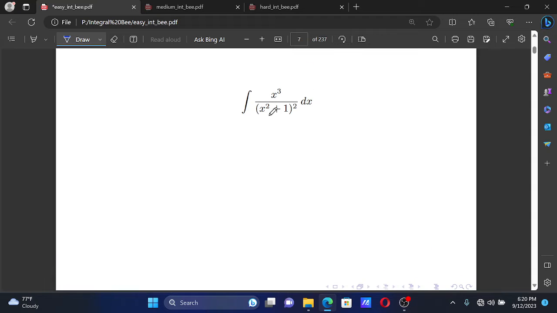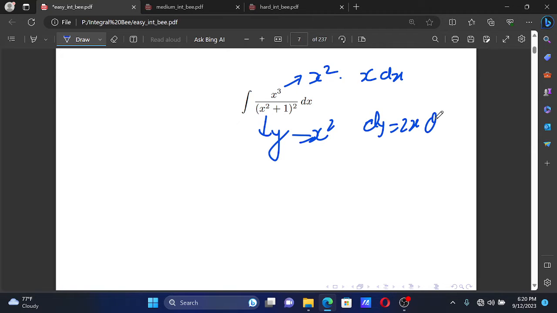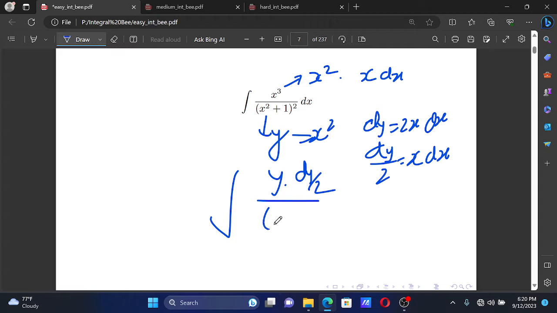Yeah, so the next one. For this one, we can just let x square as y, and then here we will have x square times x dx. So if y equals x square, we can have dy as 2x dx, so dy by 2 equals x dx. Now we have the integral of y dy by 2 times (y plus 1) whole square.